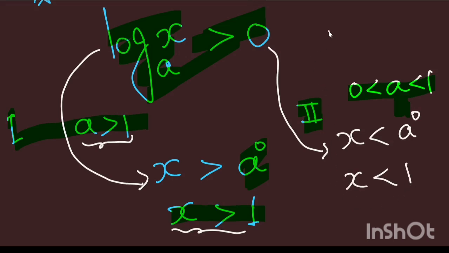But we know x is a positive number, it is the argument, and x came out to be less than 1, but we know x is greater than 0. So x eventually is what, guys? x is also a positive fraction between 0 and 1.